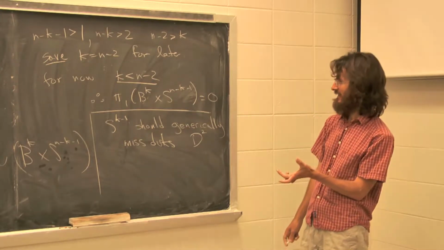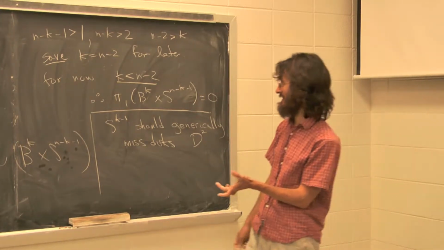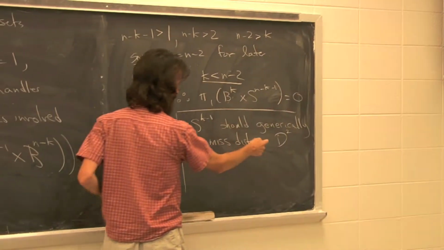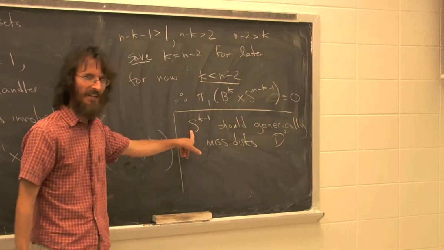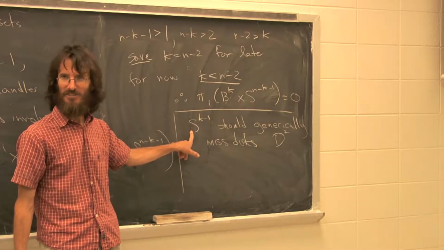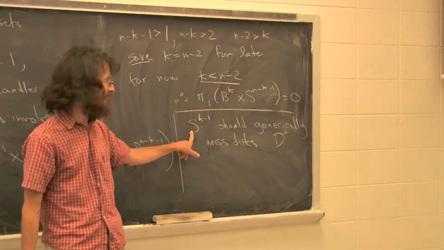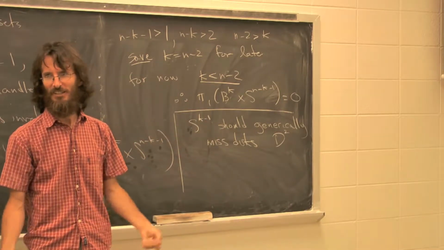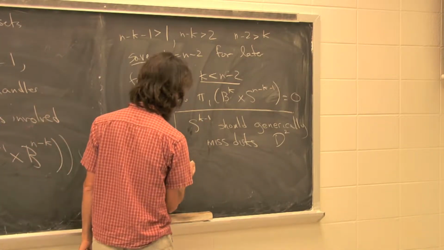Okay, so how do we do that? Let's see. Let's calculate the dimension of the transverse intersection of a K minus 1 manifold and a 2 manifold in an n minus 1 manifold. So we just go through the same thing. I add codimensions.